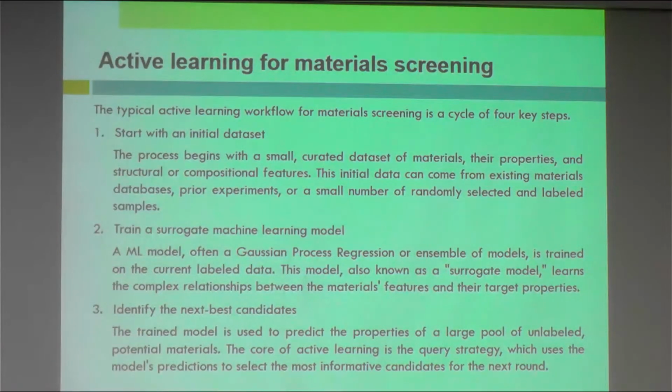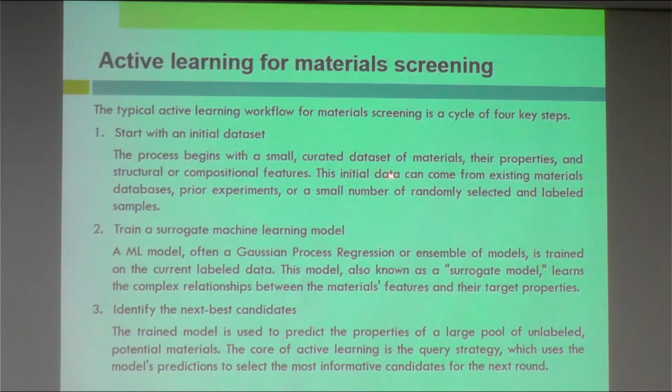So the typical active learning workflow for material screening is a cycle of 4 key steps, basically. Start with an initial data set. As mentioned before, the process begins with a small curated data set of materials, their properties and structural or compositional features. So it depends on the data set or the development that we require. So we look into the properties as intended or required.